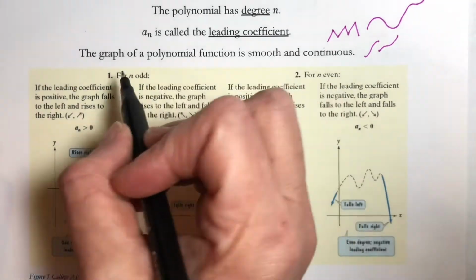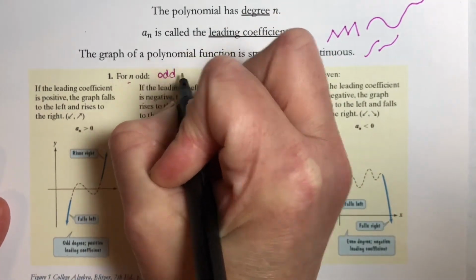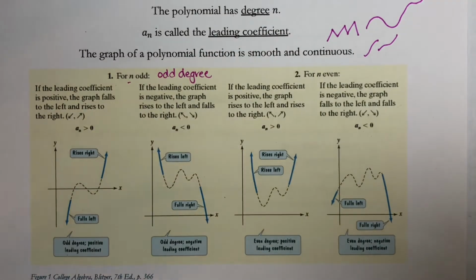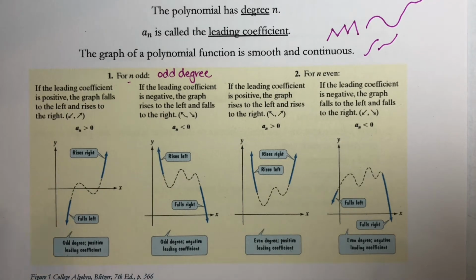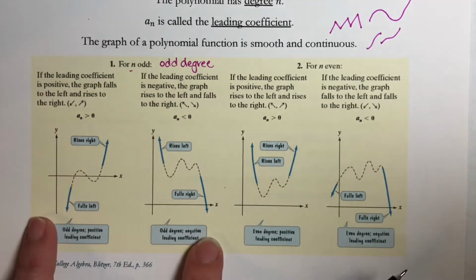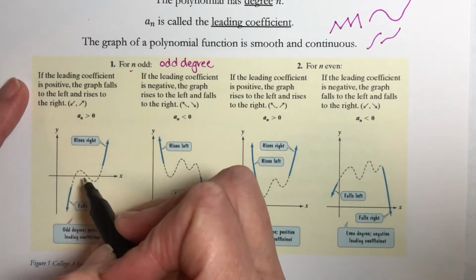Now notice right here, for n odd, this means we have odd degree. So our largest exponent is some odd number. If we have an odd degree, then our graphs are going to be going in opposite directions on the ends. Now if the number is positive, then our graph looks like this.